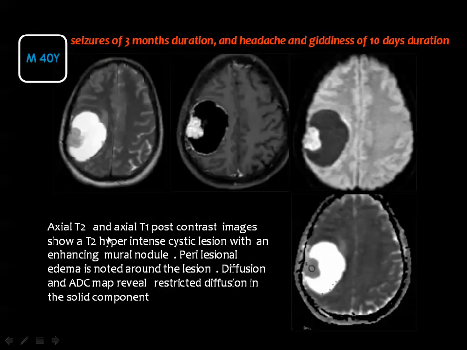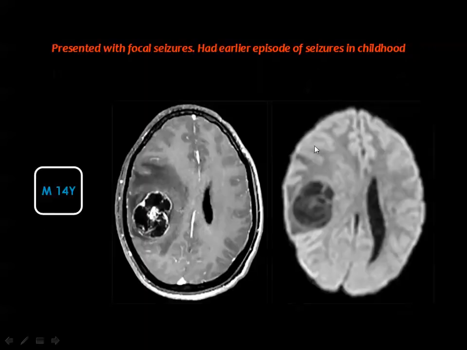Okay. Then this is a lesion with a cystic component and an enhancing mural nodule. And this is the diffusion weighted images and the ADC of the lesion. What do you think? Is this the PXA or meningioma with cystic component? Meningioma, because of the restricted diffusion.